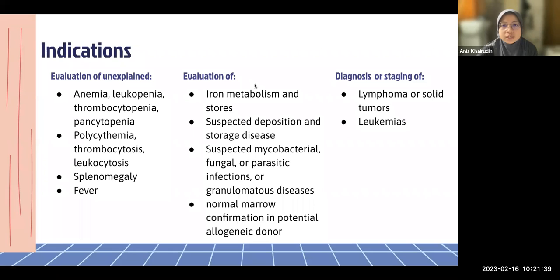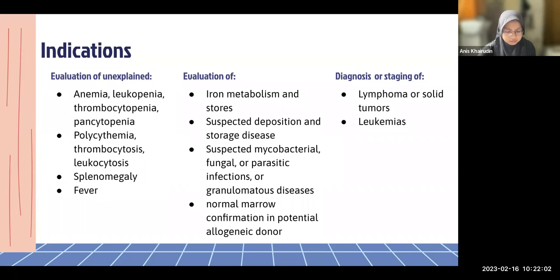And then it is also done for evaluation of iron metabolism and stores. If there is a suspected deposition and storage disease, for example, amyloidosis, if there is a suspected mycobacterial, fungal, or parasitic infection, or granulomatous disease.